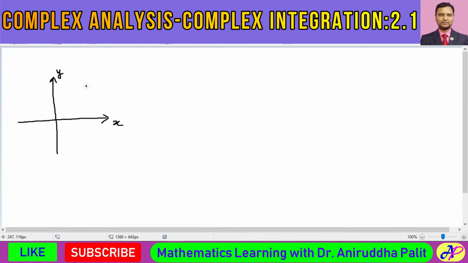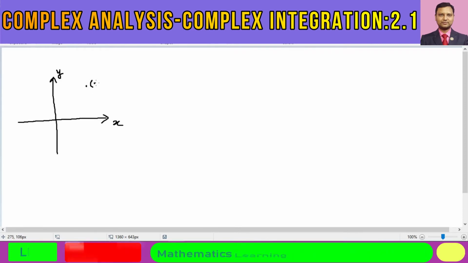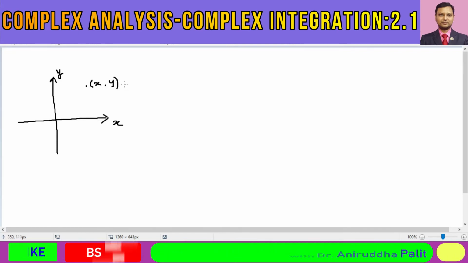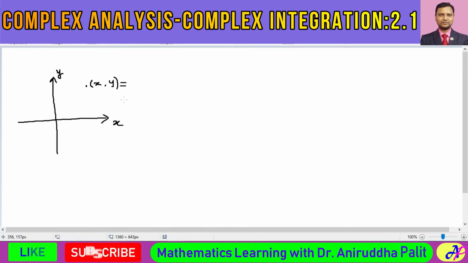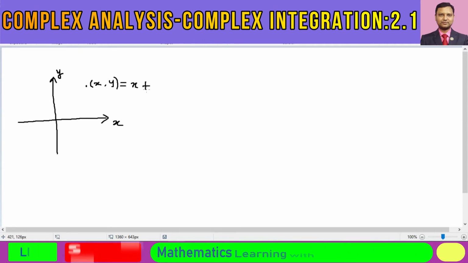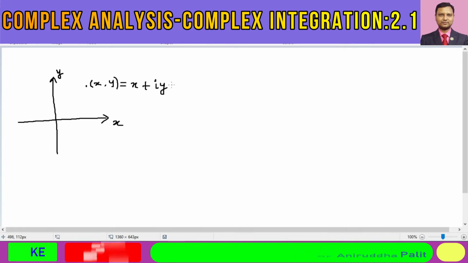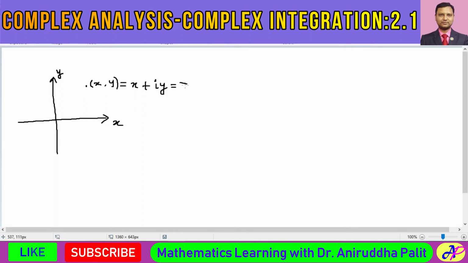A point on this plane can have the representation x comma y, and in terms of a complex number this can be written as x plus i times y. We call it the complex number z.